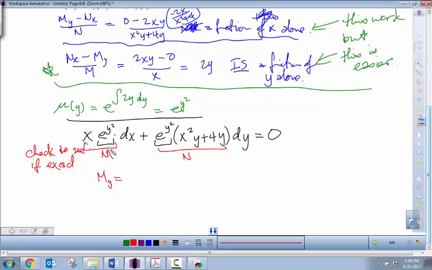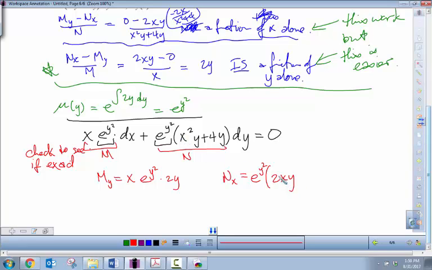M_y equals, now x is a constant, e to the y squared times 2y, right? Now let's take a look at our N and take the derivative of that with respect to x. Well, e to the y squared is a constant. And now take the derivative of this thing with respect to x.